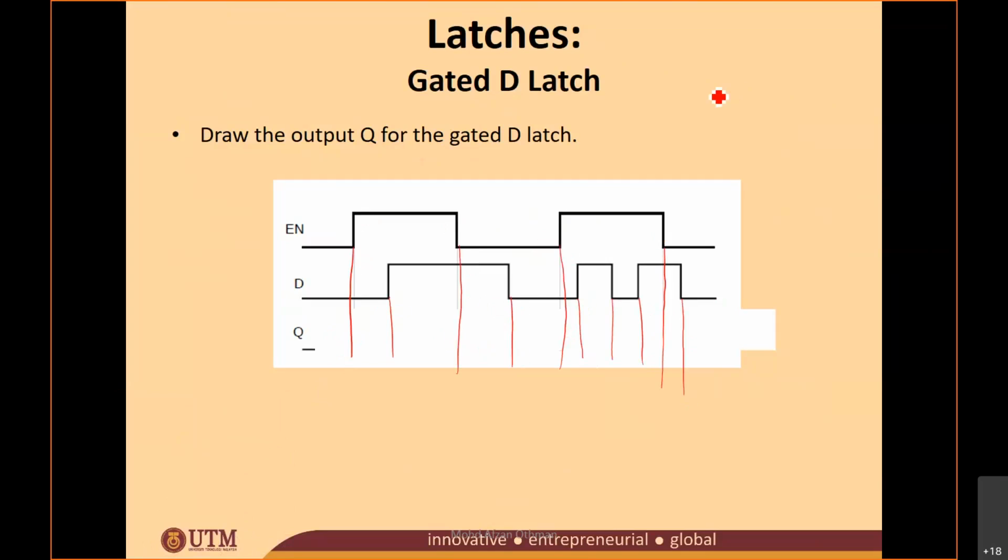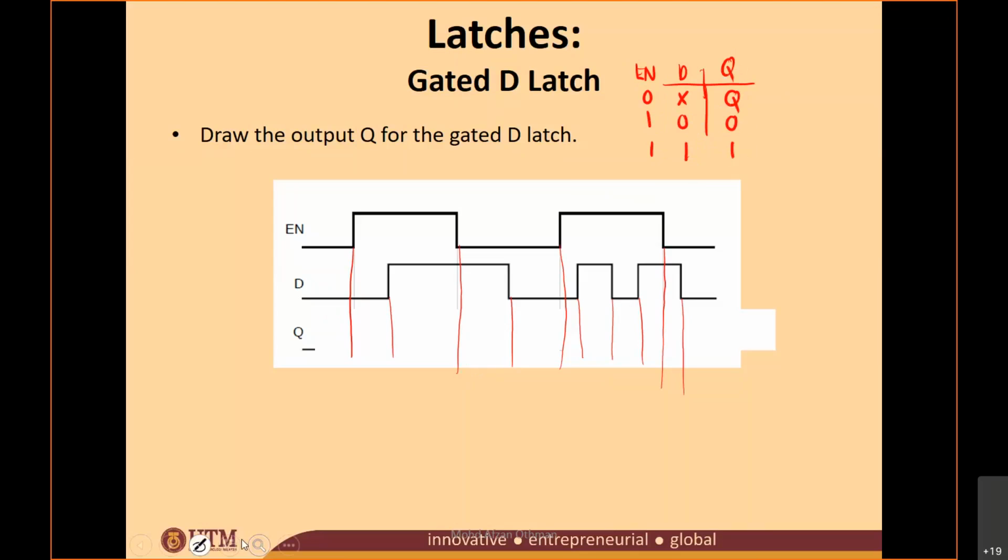Okay, and then you need to remember the truth table lah. So this is your enable and this is your D and this is your output Q. Kalau enable kosong, regardless of D input, the Q no change. Kalau yang ni satu-satu, the output of Q will depend on your D input. If D is kosong, the output will be kosong. If D is 1, the output will be 1.